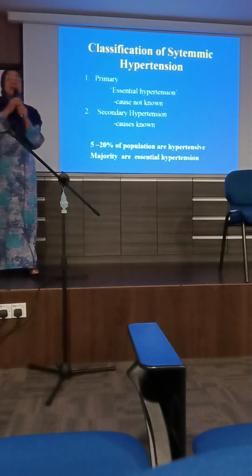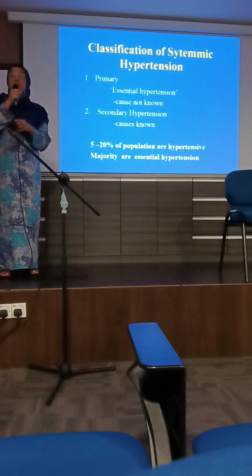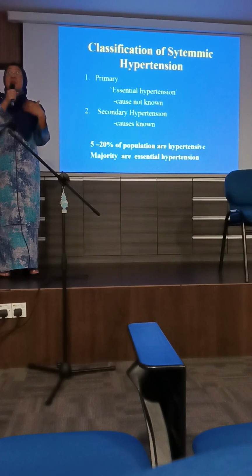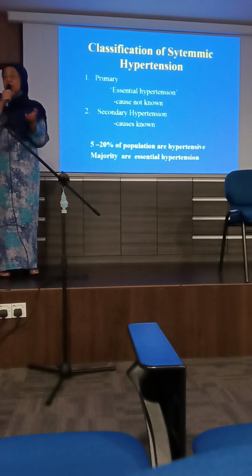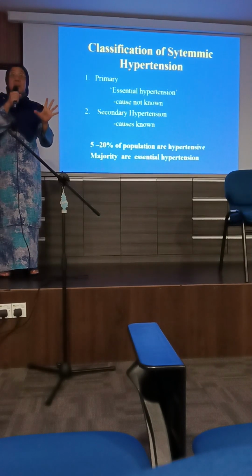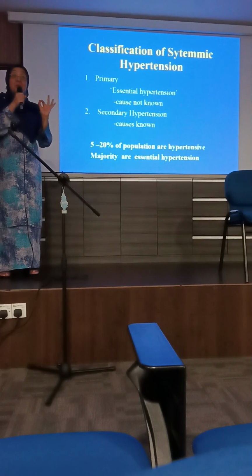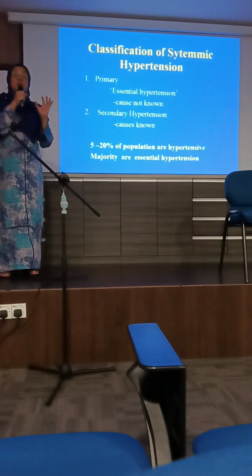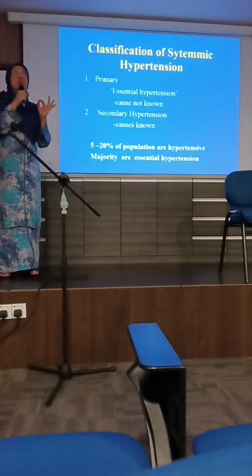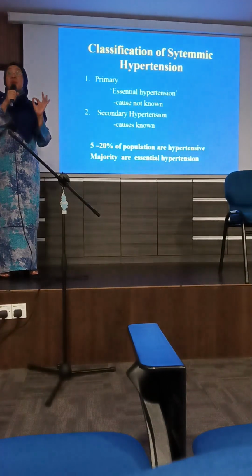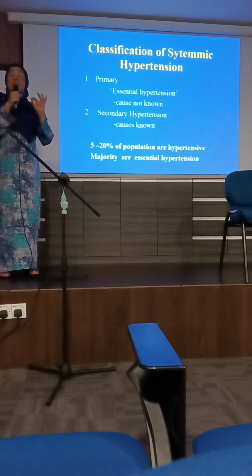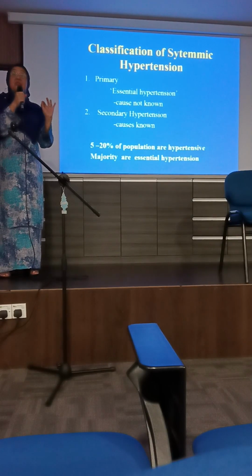Now we come back to why is it that you and I don't have hypertension, and why do other people develop hypertension? Basically you can divide systemic hypertension into primary, which is also called essential. Basically because we do not know the cause, we do not quite know the mechanism, although we have theories, but we cannot pinpoint the cause, and therefore it is difficult to treat.